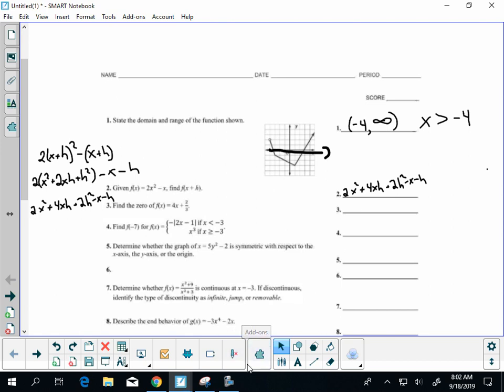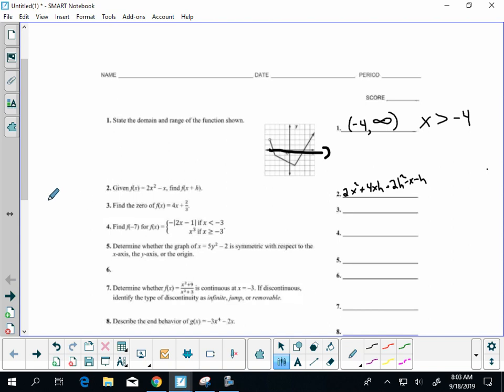All right, number 3, find the zeros. So to find the zeros, you set it equal to 0. So 0 equals 4x plus 2/3. Subtract 2/3.